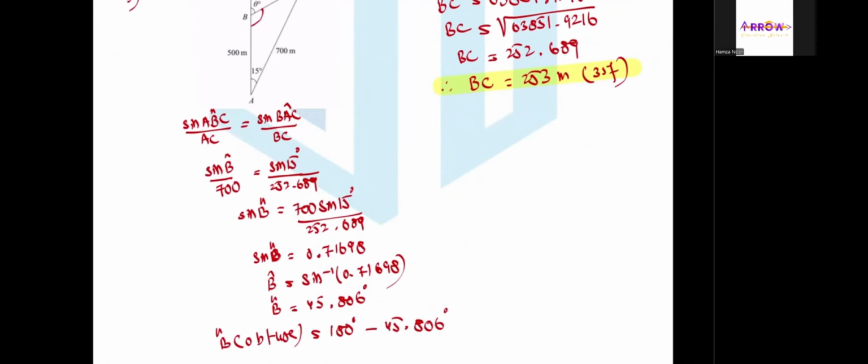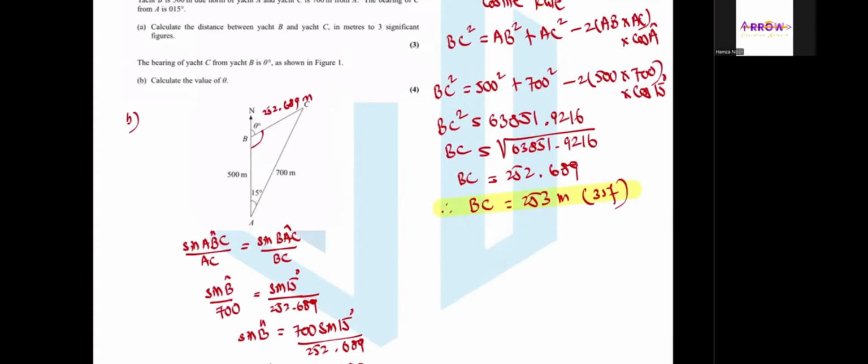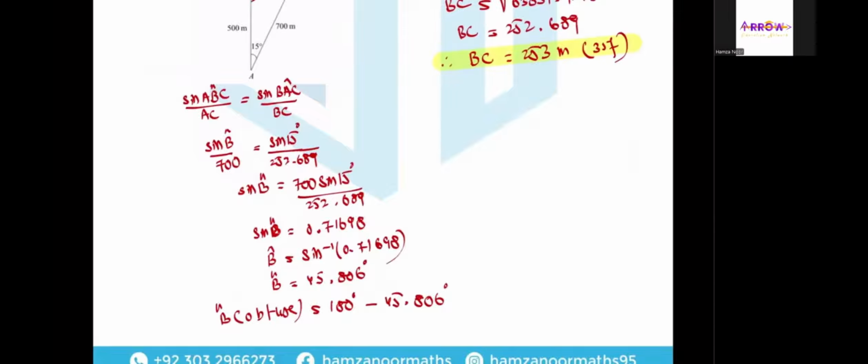When sine B is positive, B can either be acute or obtuse, but here we have evidence that since this angle theta is acute, angle ABC is an obtuse angle. So 180 minus 45.806 is supposed to be 134.194 degrees.